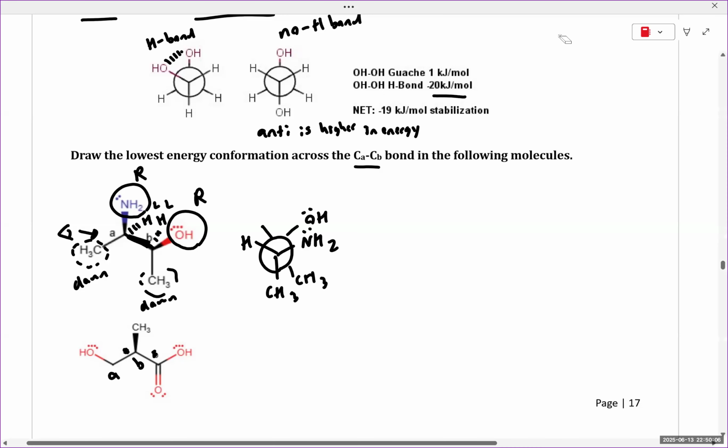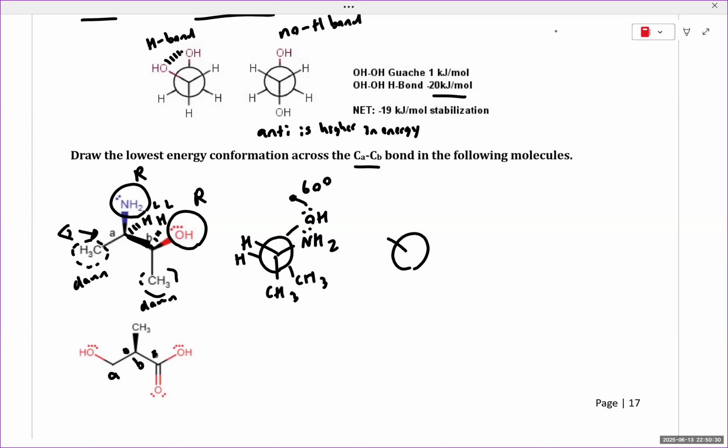Now, I just want to caution you that even though the amine and alcohol are close in 3D space, this is the eclipsed conformation. And the eclipsed conformation has too many destabilizing steric interactions to be the lowest energy conformation. So instead, what we're going to do is rotate the back substituent 60 degrees, and draw the gauche conformation.